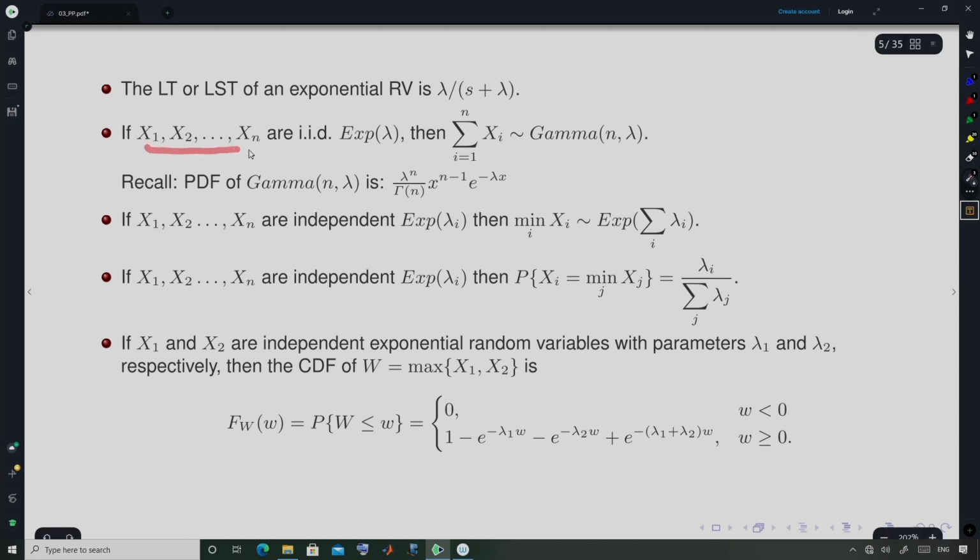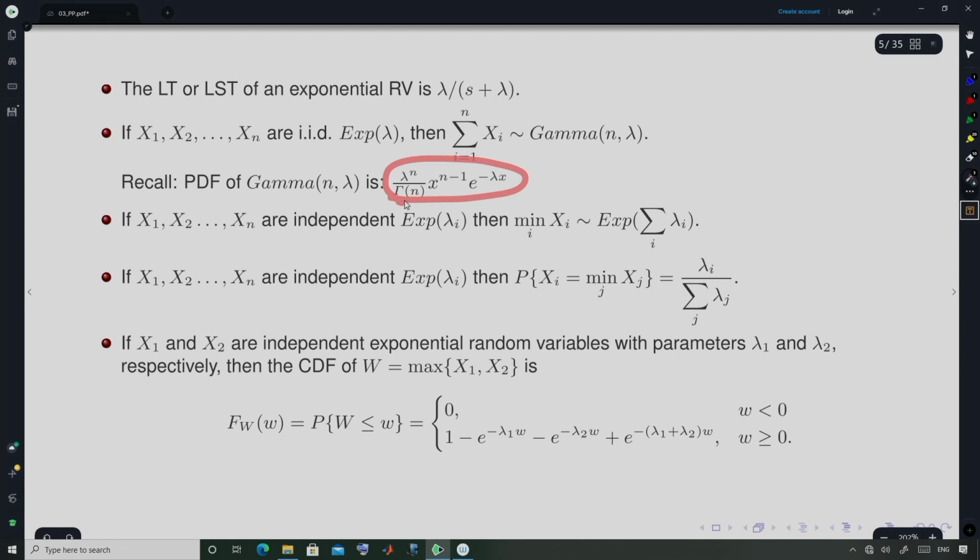Now, if x1, x2, ..., xn are all IID exponential lambda, so all of them are exponential with lambda and they are all independent, then their sum is basically a gamma random variable with parameters n and lambda, where gamma n lambda would have this particular form, right. When n equals 1, you would see that this will be simply the exponential distribution.